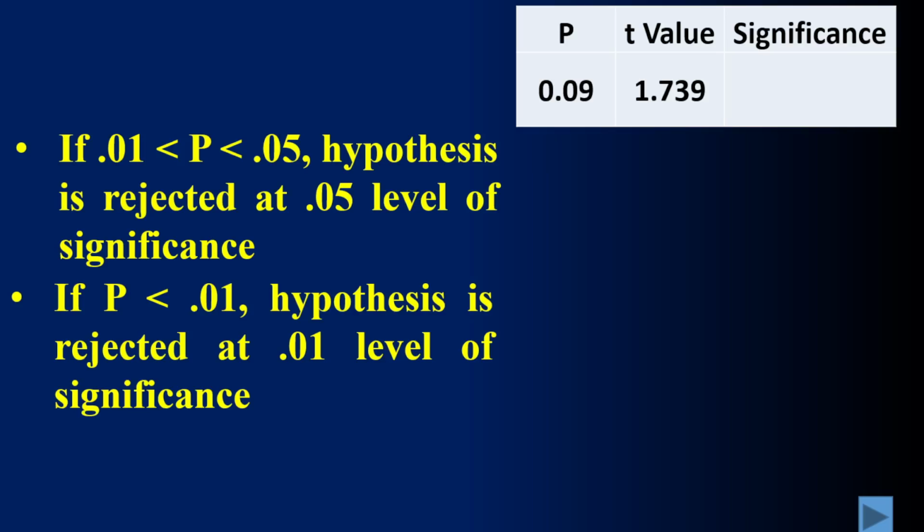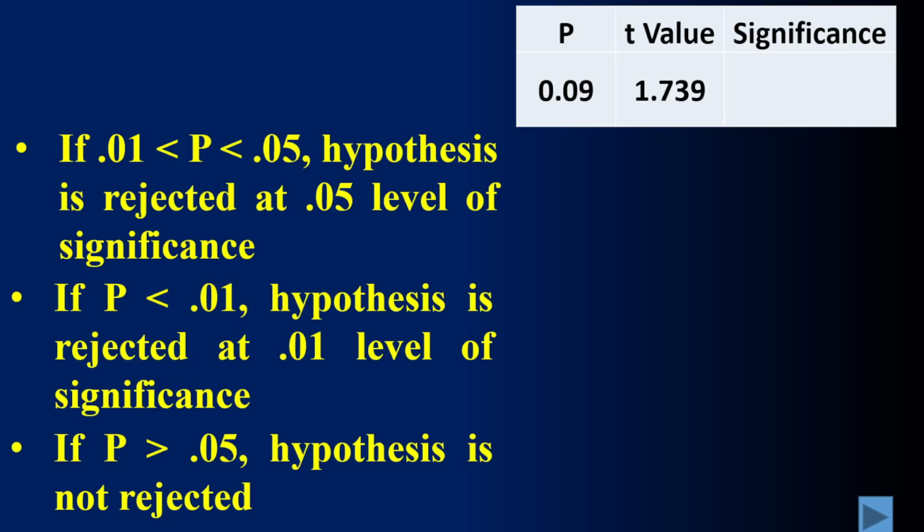Our p value is 0.09. It is not less than 0.05. It is not less than 0.01 also. So the third rule we have to remember: if the probability is greater than 0.05, and ours is greater because ours is 0.09, so we have to apply this third rule.